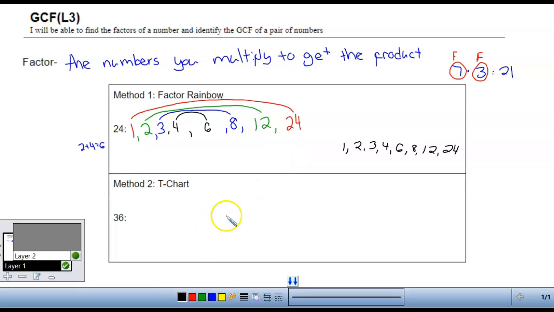All right, our next one is called a T-chart. So what happens is we take 36 and we put it over a chart, and it's kind of the same process. So we're going to do 1 and 36 because 1 times 36 is 36. Does 2 work? Yes, 2 works, and it's going to be, I believe, 18, but I'm going to check that real quick.